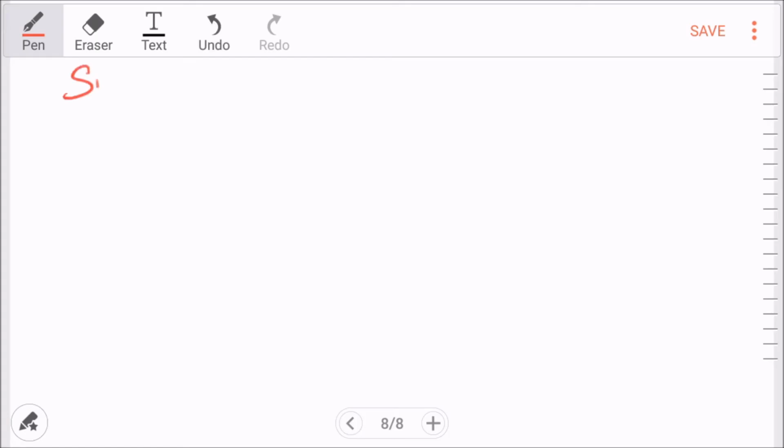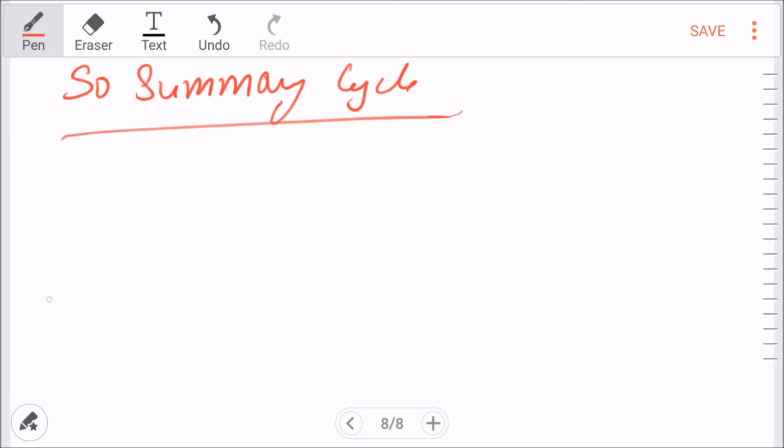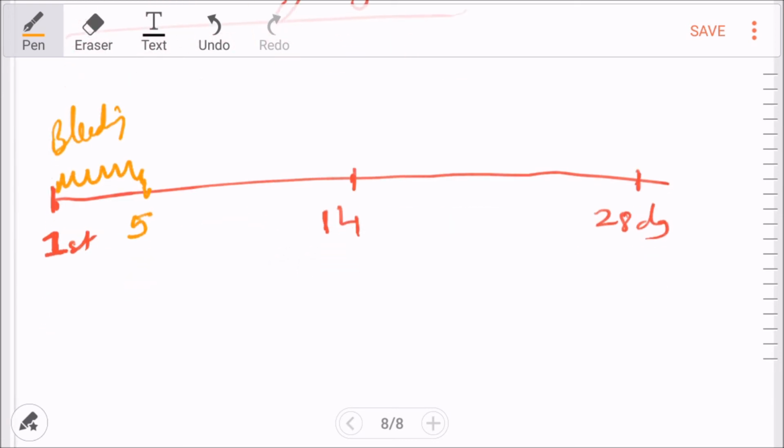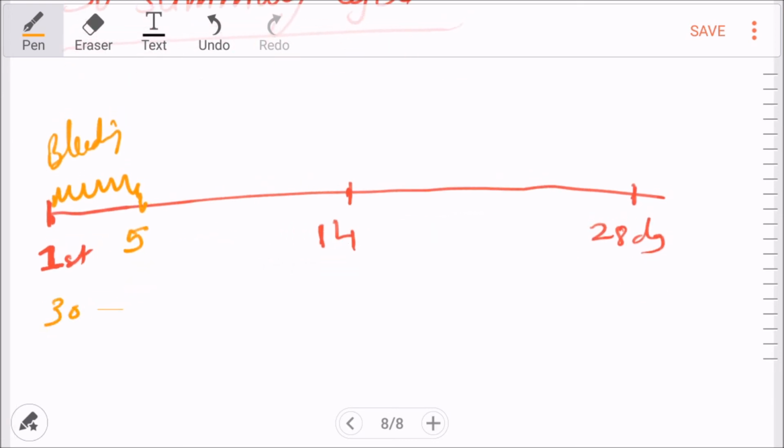So, summary of the cycle. The cycle starts on the first day, 14th day and 28th day. The first 5 days we can say is a bleeding phase, which means blood comes out, and the normal blood loss is 30 ml to 80 ml.